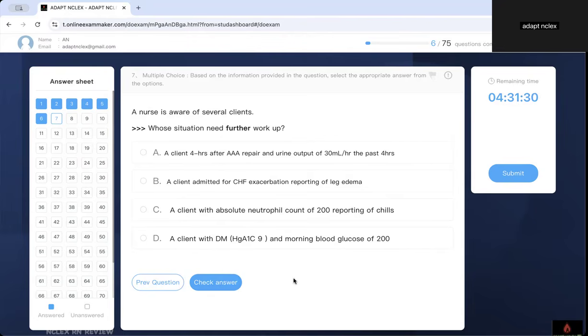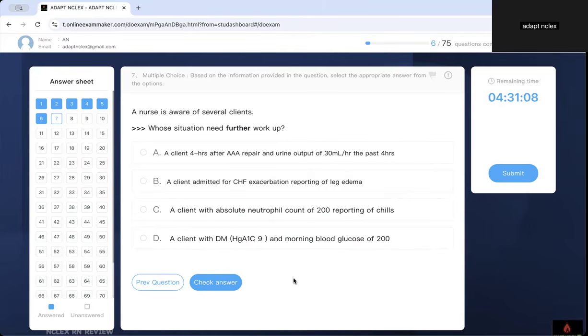Ask yourself. If you have absolute neutrophil count of 200, that means your white count is too low, and you're having chills now. Is that a good thing? And if you have diabetes, A1C is 9. More than 6.5, or 7.